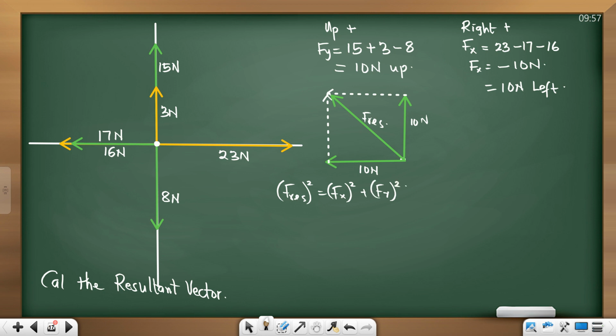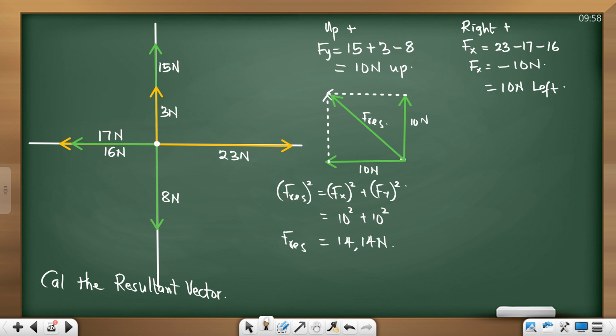Are we together, everybody? What are we going to have? 10 squared plus 10 squared. That will be the square root of 200. And F resultant will be 14.14 newtons. That is the magnitude. Yay, guys. I see a lot of 14.14. Great. We're there. The challenge is going to be our direction now.